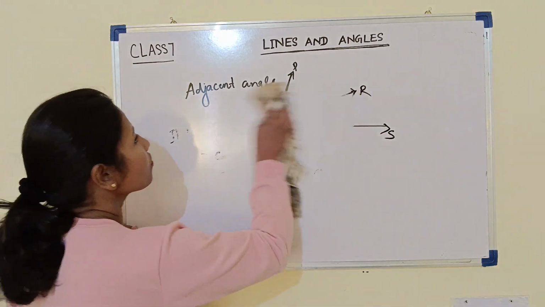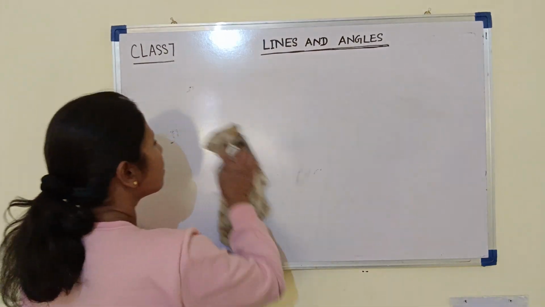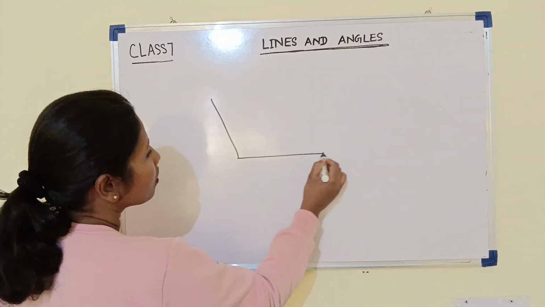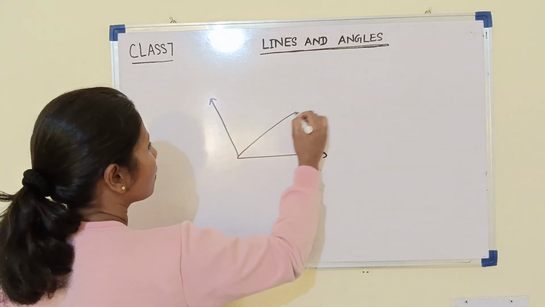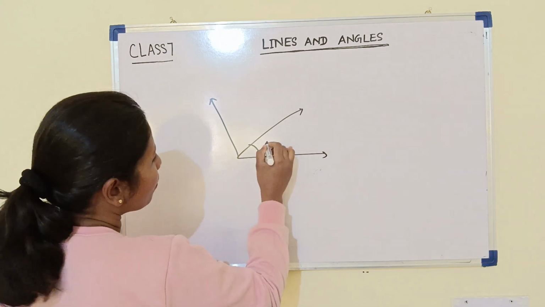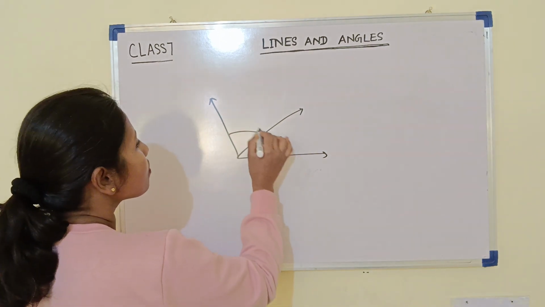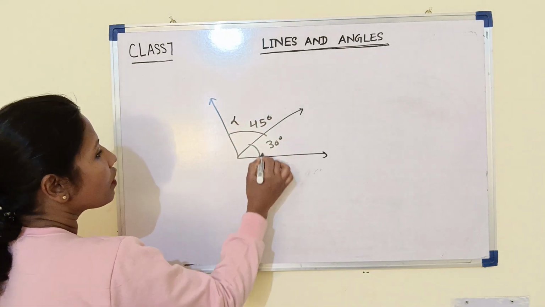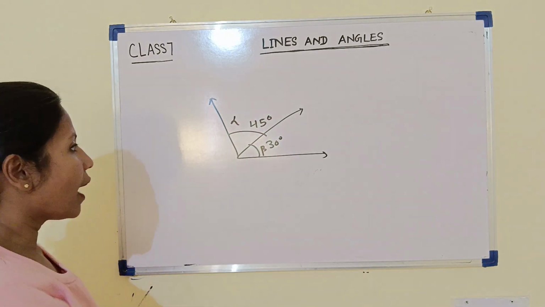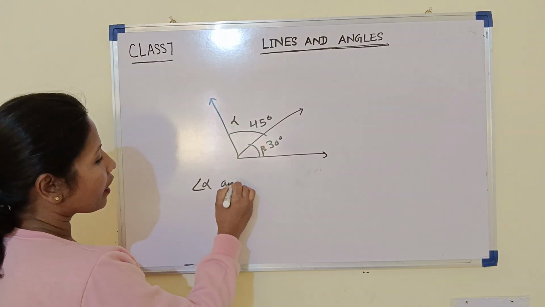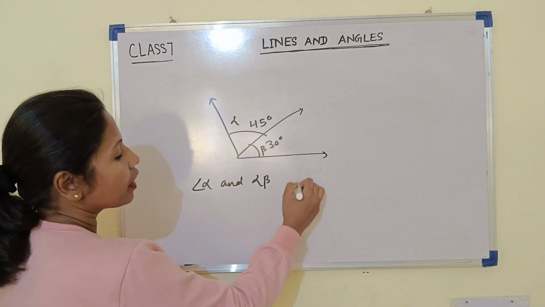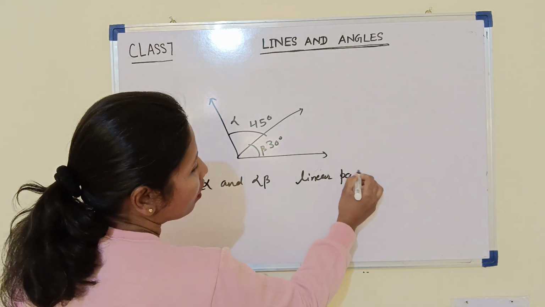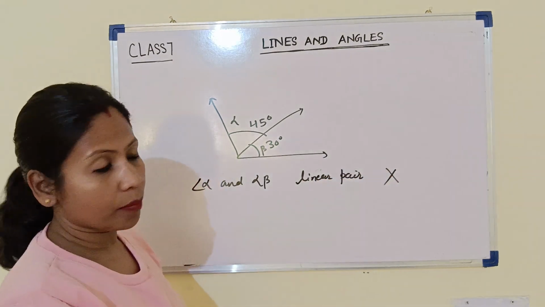Okay, so if I ask you, suppose this is 30 degree and this is suppose 45 degree. So this is angle alpha and this is angle beta. Are angle alpha and angle beta a linear pair or not? This is not a linear pair.